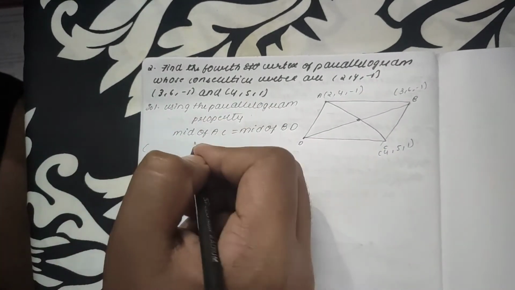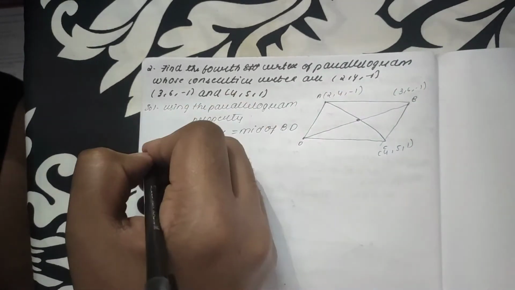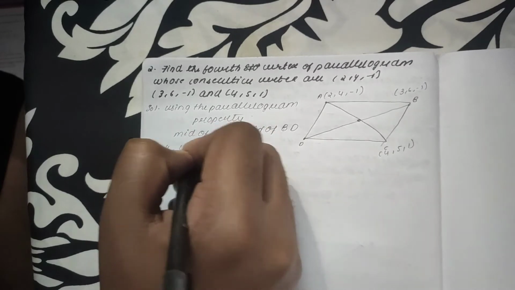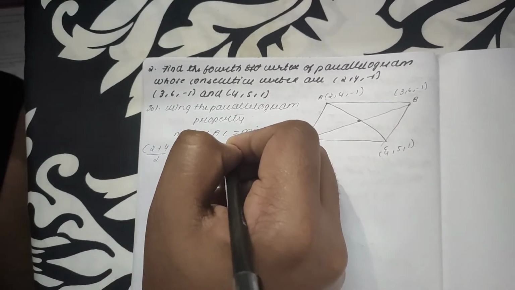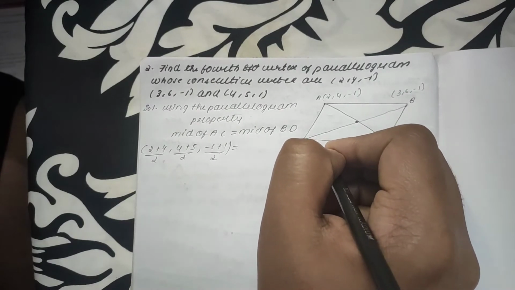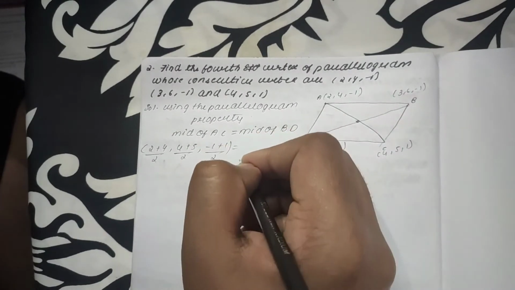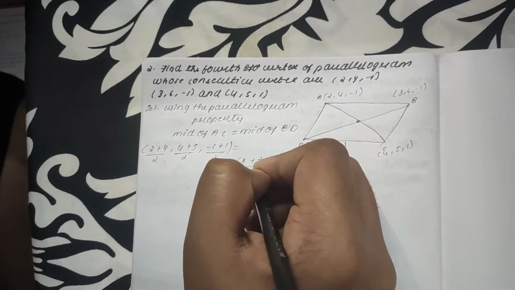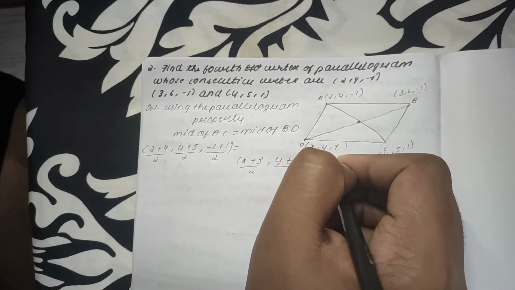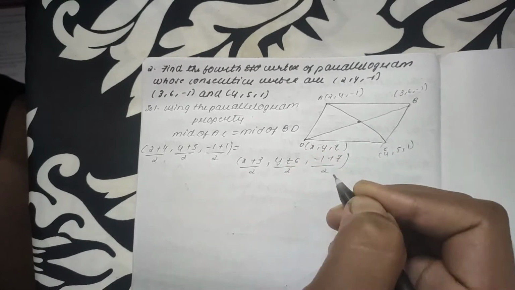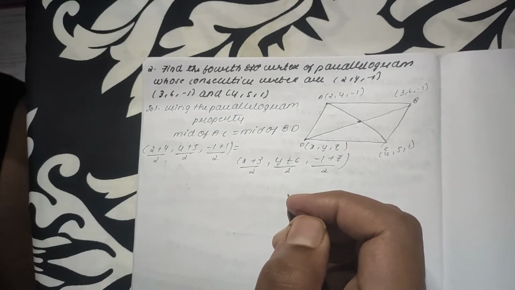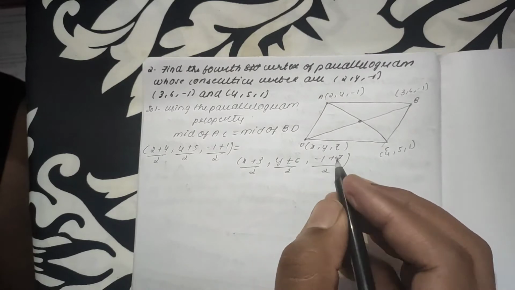So find the midpoint of AC, which is 2 plus 4 by 2 comma 4 plus 5 by 2 comma minus 1 plus 1 by 2 is equals to, let's take D to be x comma y comma z. So this is x plus 3 by 2 comma y plus 6 by 2 comma minus 1 plus z by 2. We have used midpoint formula, which we have discussed in the previous video.